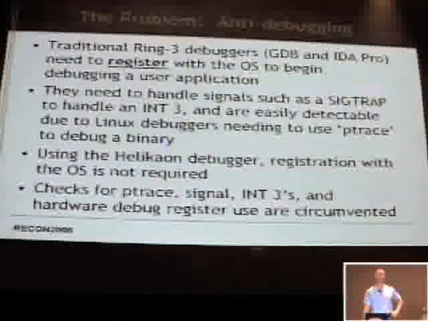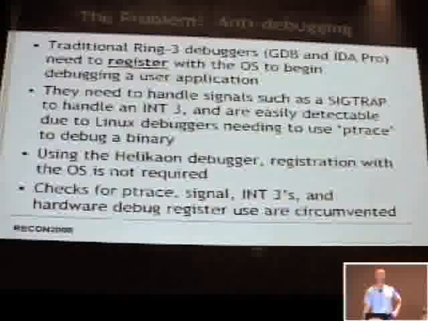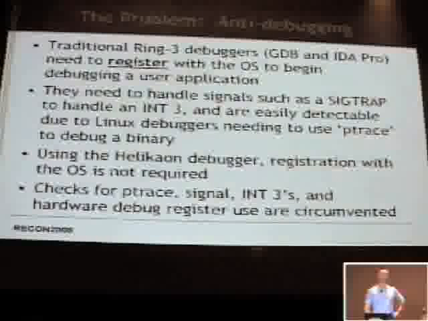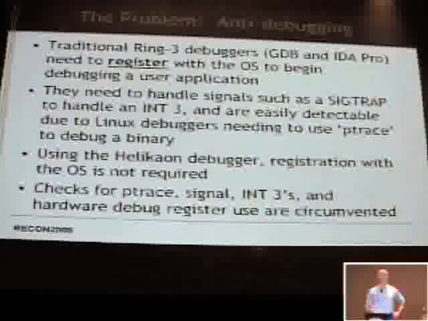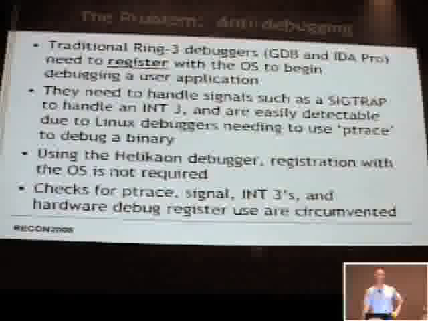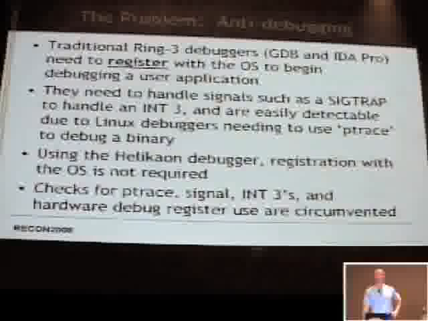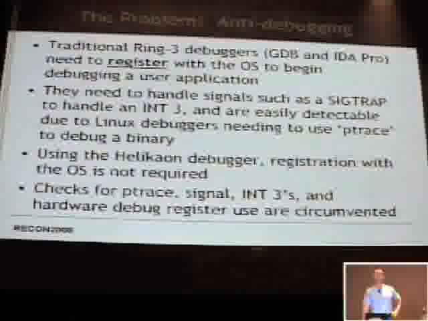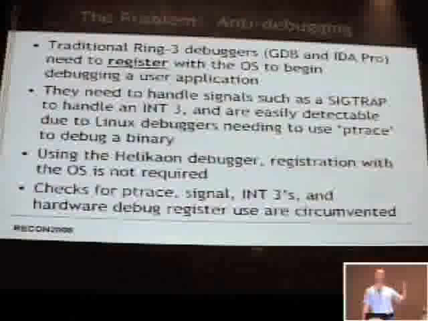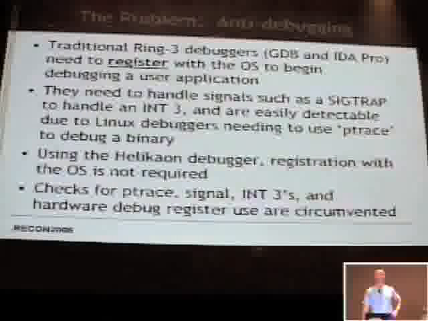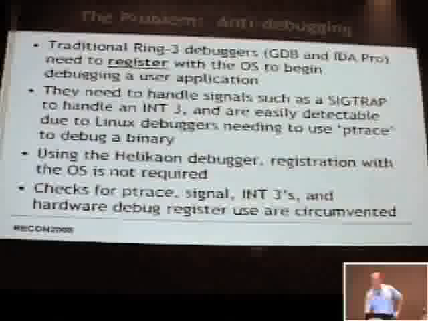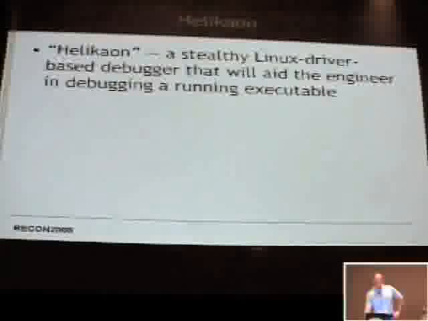What I've done with Helikaon is actually rootkit my own system, which is okay since I own the system. It's not an anti-rootkit tool or anything like that, or detecting rootkits, but I'm actually rootkitting myself so that I can exploit certain things in the operating system to allow me to stealthily look at memory without being detected.